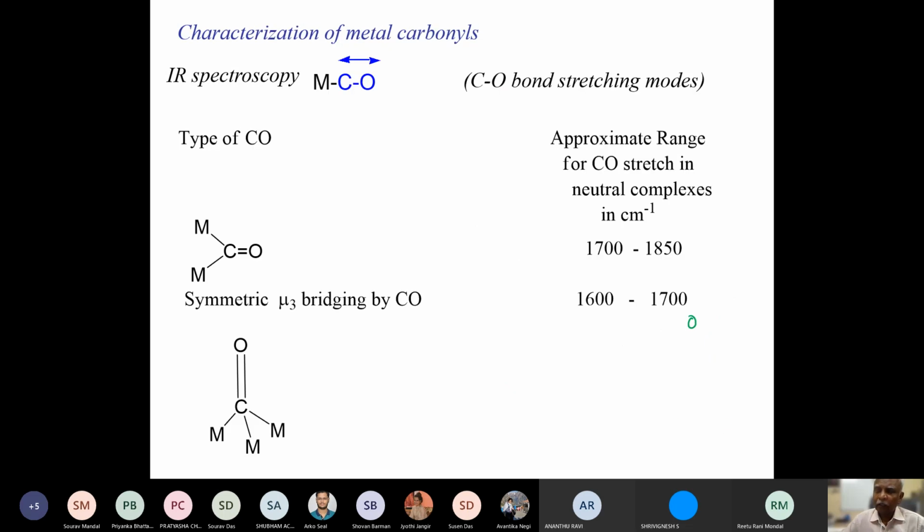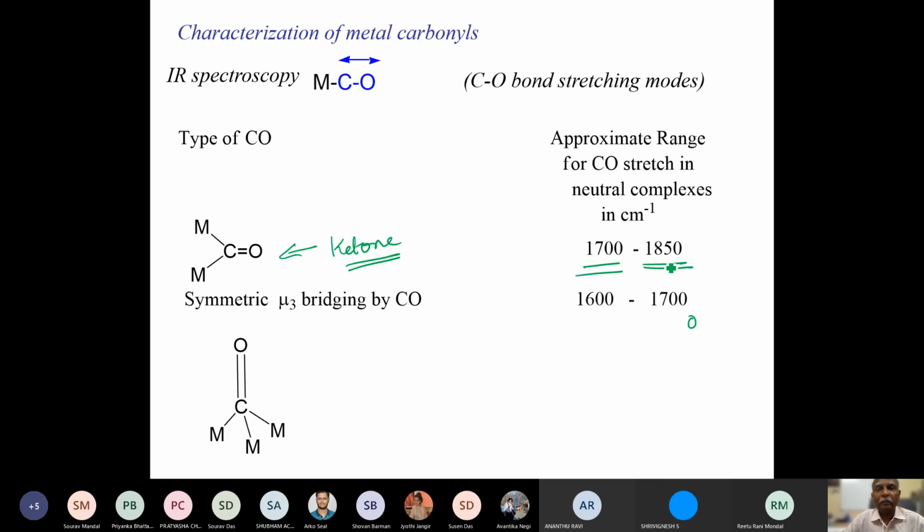And if you look at the bridging carbon monoxides in the dicobalt octacarbonyl complex, for example, in the solid state, you see that there is a very clear decrease of the stretching frequency, even further from what you observe for terminal carbon monoxides. So this is almost behaving like a ketone. So this is around 1700 to 1850.